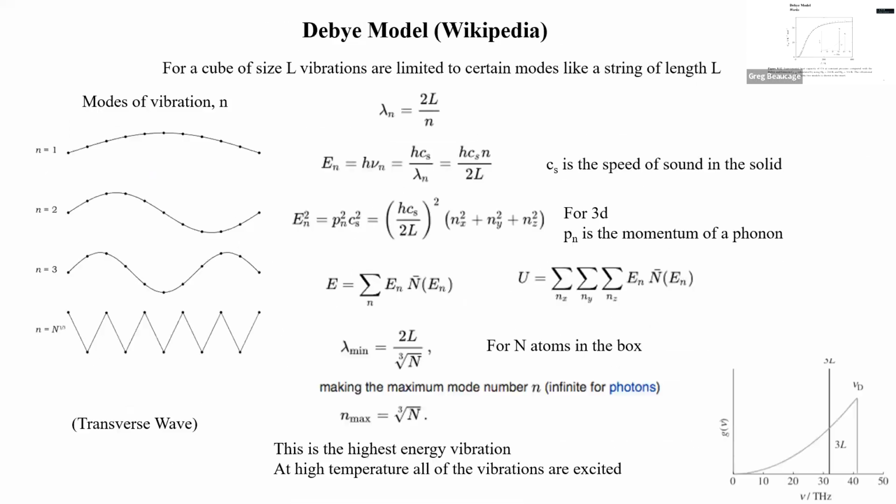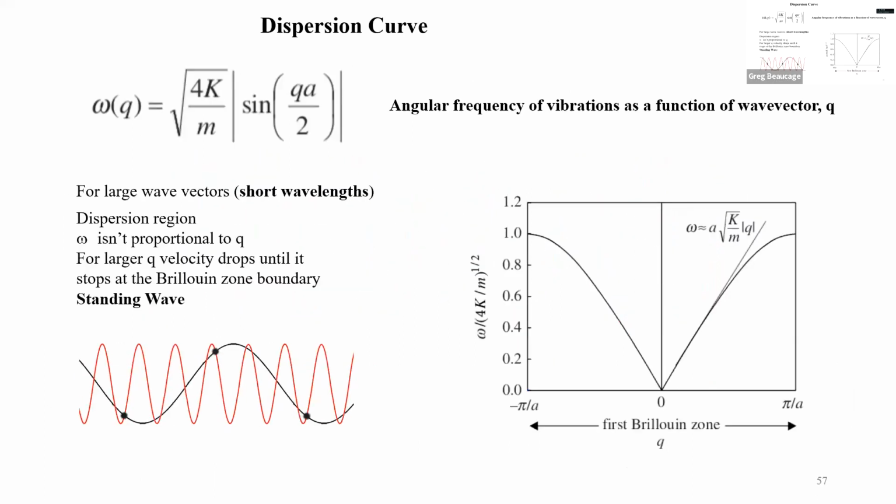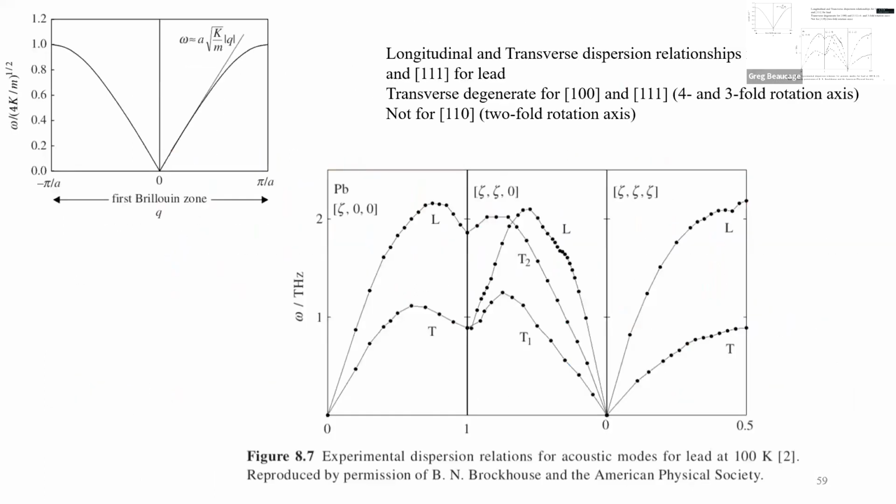There's some spectra in here somewhere. So this is longitudinal and transverse; these are just acoustic modes, right? Transverse means it's like a guitar string wave, and longitudinal means it's like a compressive wave, like what I think of as sound. And then they go to 0, so those are acoustic modes.